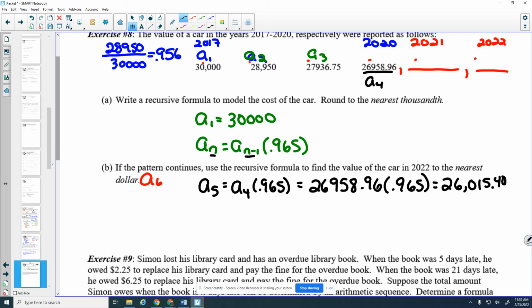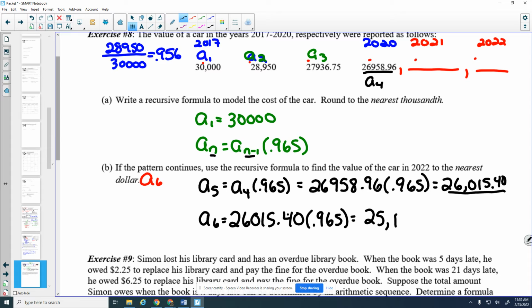Then to get the 2022 number, a sub 6, which is what we're trying to find, we take the term that came before it, a sub 5, which I just found. So I'm taking this number and multiplying by 0.965 again. And that should give me, to the nearest dollar, $25,105 in 2022.